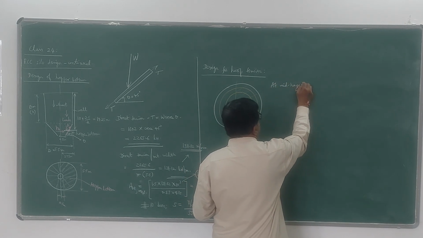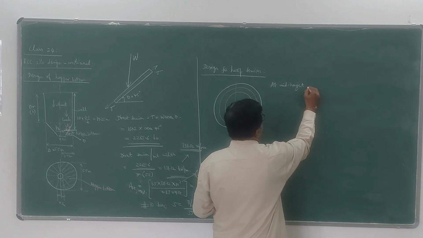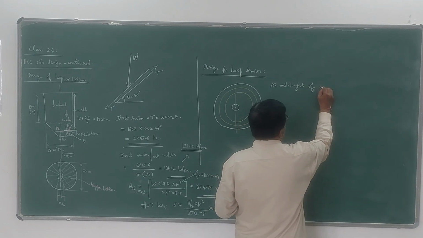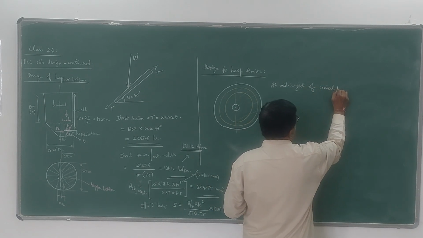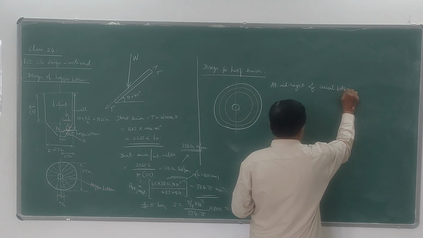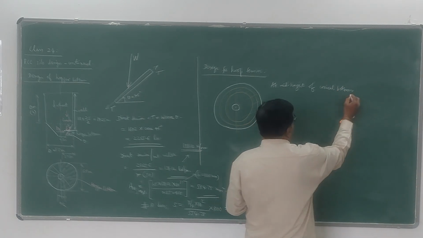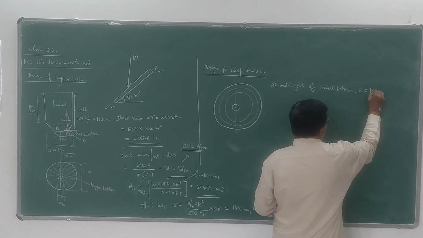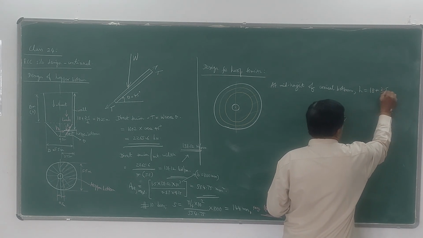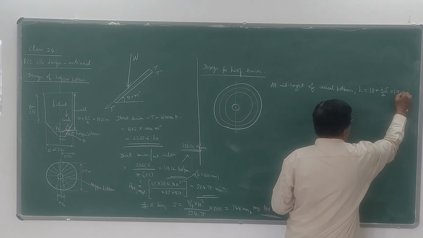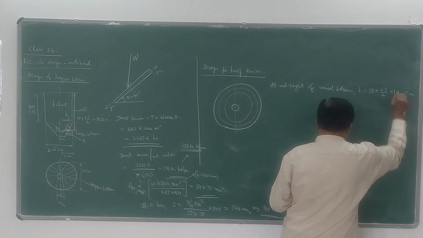At mid height of the conical bottom or hopper bottom, the value of h becomes 18 plus 2.5 by 2, that is 19.25 meter.